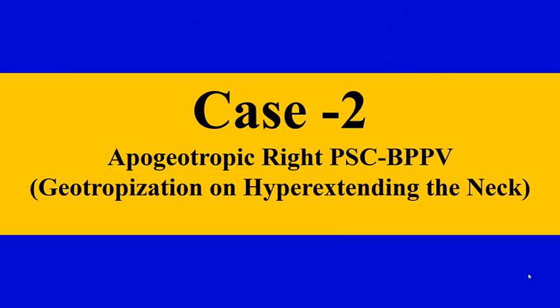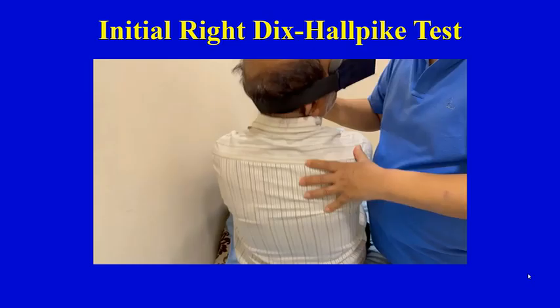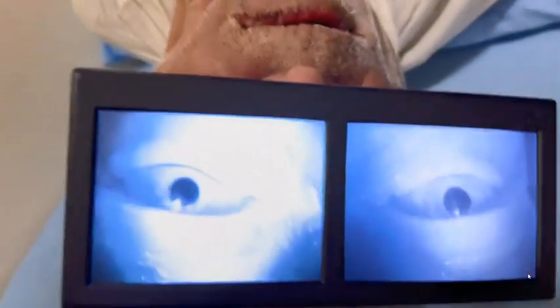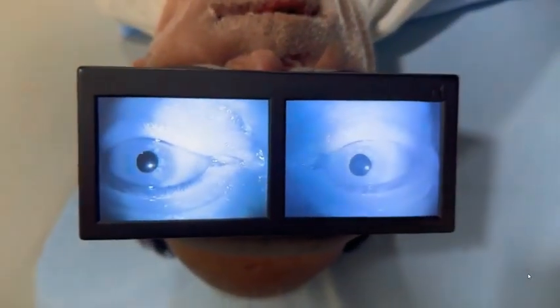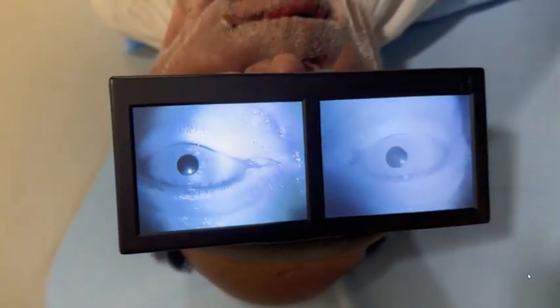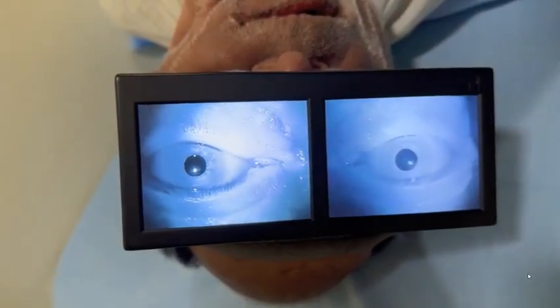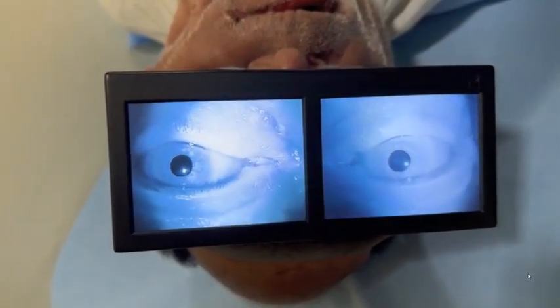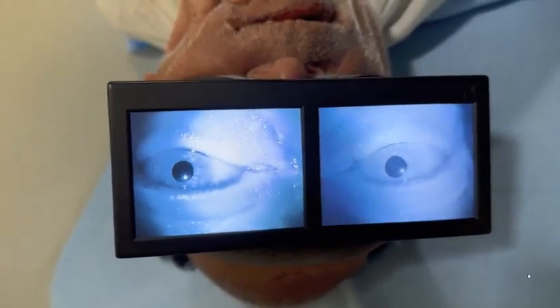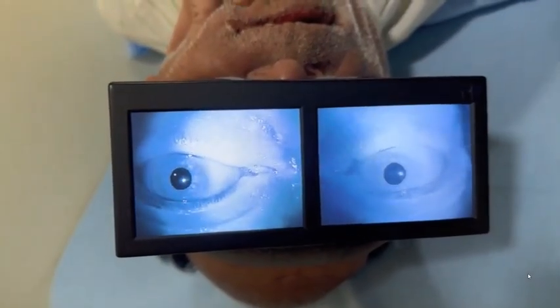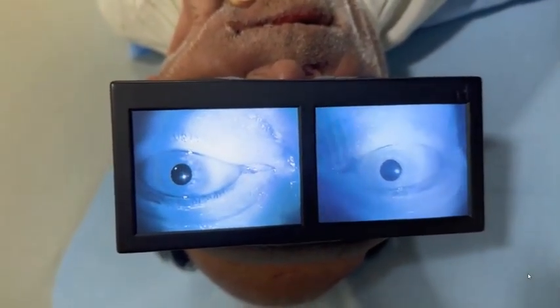Case 2 is apogeotropic right posterior semicircular canal BPPV. The geotropization occurs on hyperextending the neck. A 62-year-old male came with a history of vertigo for the past 2 days. The right Dix-Hallpike test shows a slow crescendo decrescendo left torsional downbeating positional nystagmus lasting more than a minute. So what did we do next? We hyperextended the neck and carried out a repeat Dix-Hallpike test.